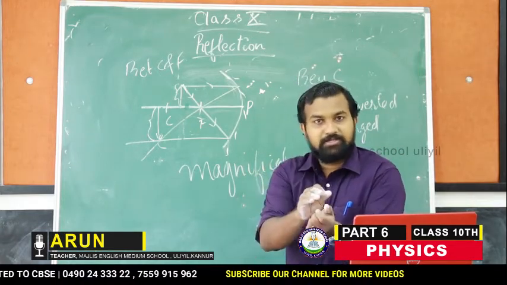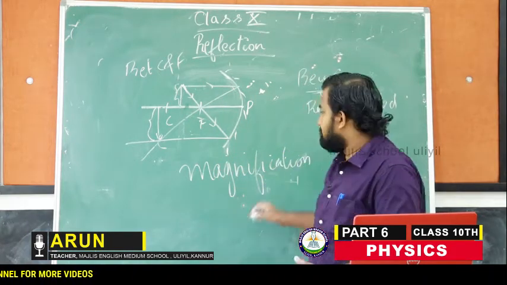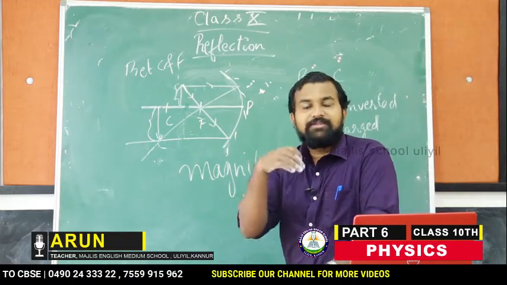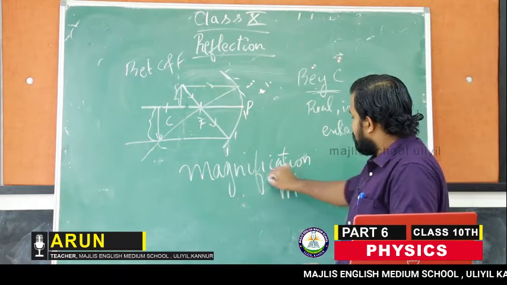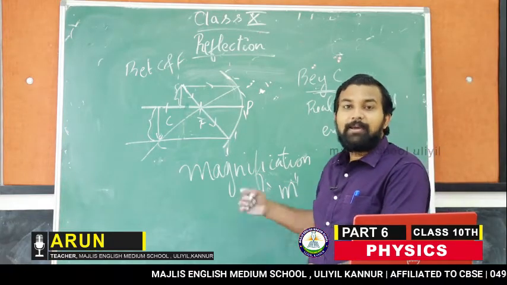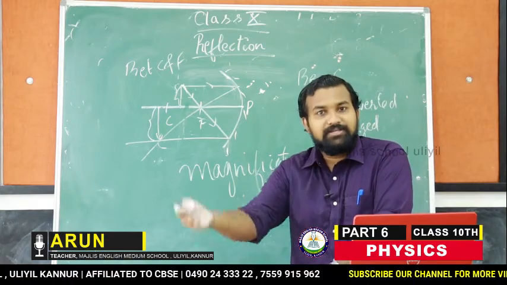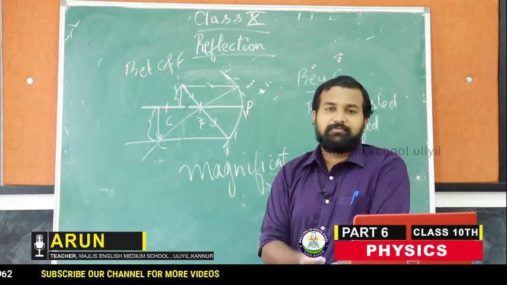It can be diminished, it can be enlarged, or it can be same size. Okay, so this is the term magnification. It's a value, and we will call it a small m. This m value will help us to find out whether an image is diminished, enlarged, or same size.